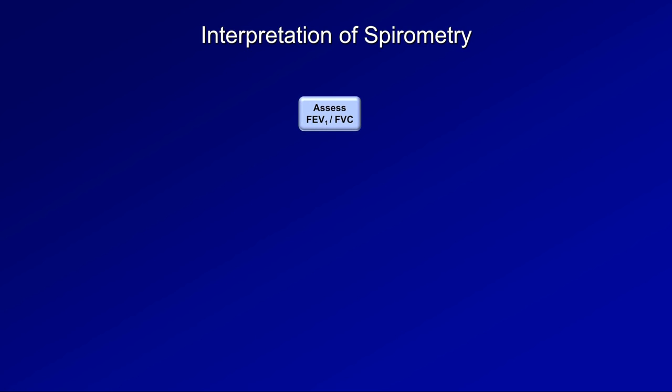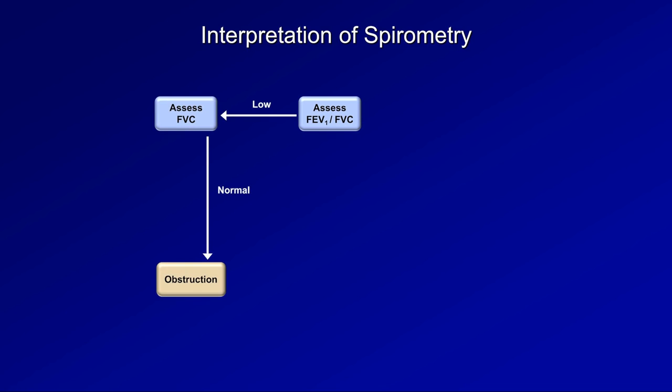Let me redisplay this information in a diagnostic flowchart. When interpreting PFTs, the first step is always to assess the FEV1 to FVC ratio. If it's low, assess the FVC. If the FVC is normal, the patient has some form of obstructive lung disease.